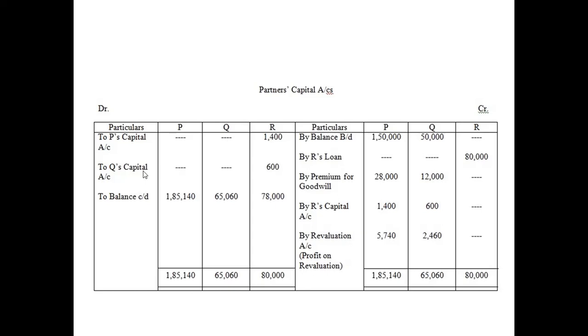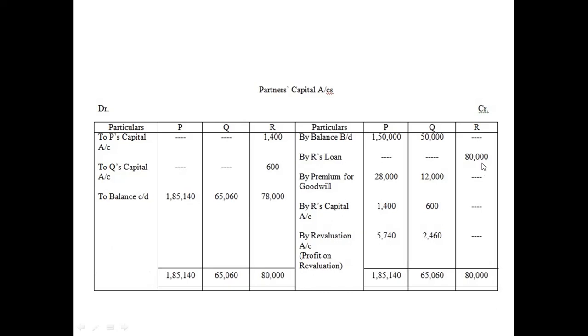This loan was provided by R to the old partnership in which P and Q were the partners. Okay, R had provided a loan of rupees 80,000. The very same loan will be transferred to his capital account, which means, as you can see here, by R's loan account, 80,000 rupees.